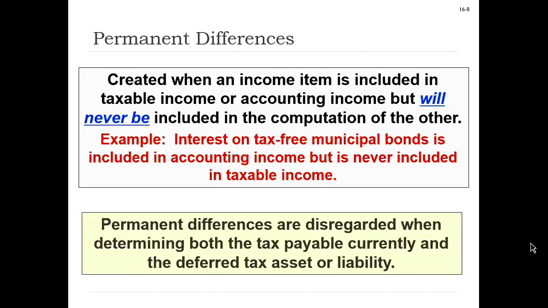A good example of this is tax-free municipal bonds. They will be included on the financial statements, but never on the taxable income.